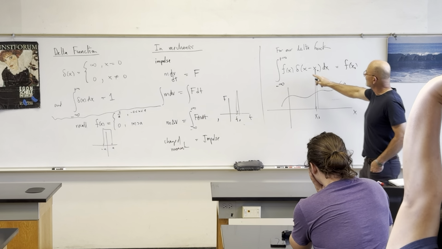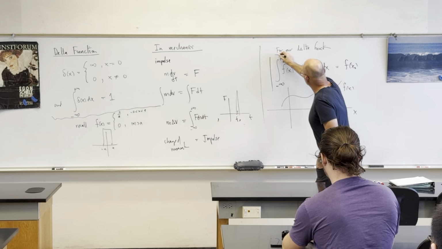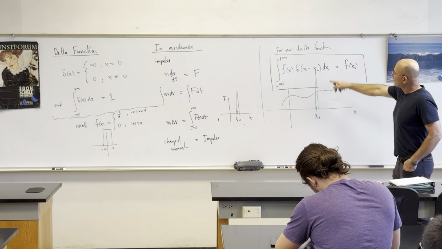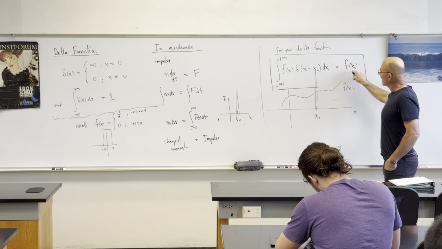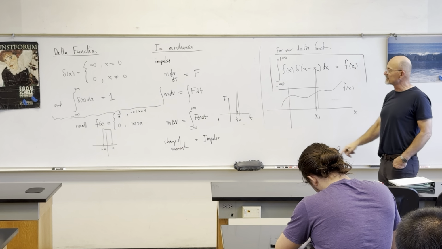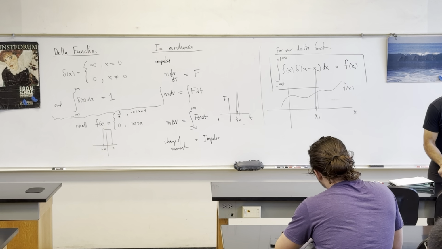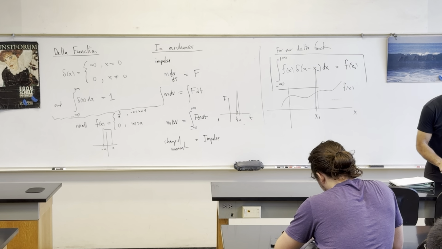So this is what you have procedurally. You have the integral of f of x times the delta function, which picks off the function wherever the spike is. Good, so now we can get a little more formal with this.